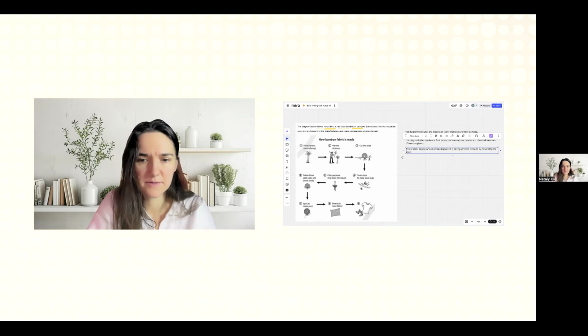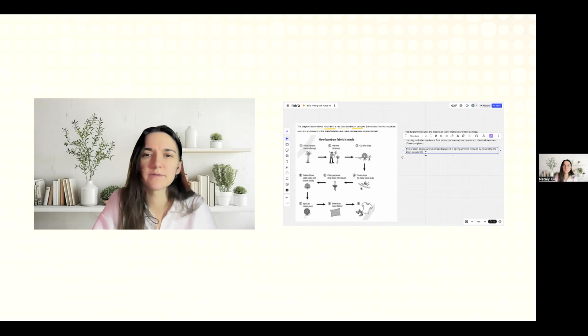Plant in autumn. I really don't like this beginning.